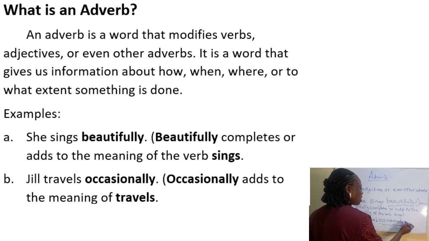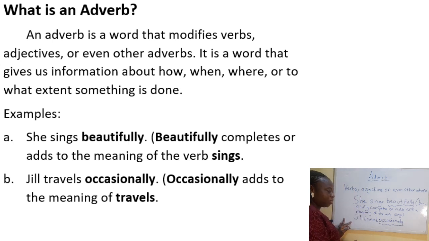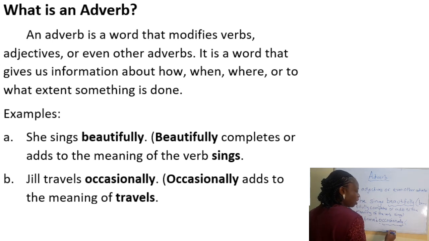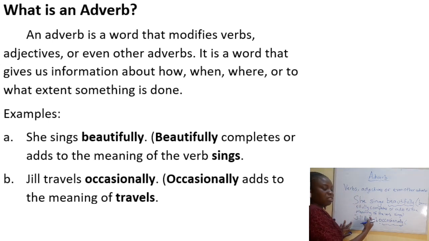It's giving us additional information on how Jill travels. It tells us more about Jill's traveling, whether it's every day, occasionally, often, or every year. So occasionally here adds more information to the verb, which is travels.